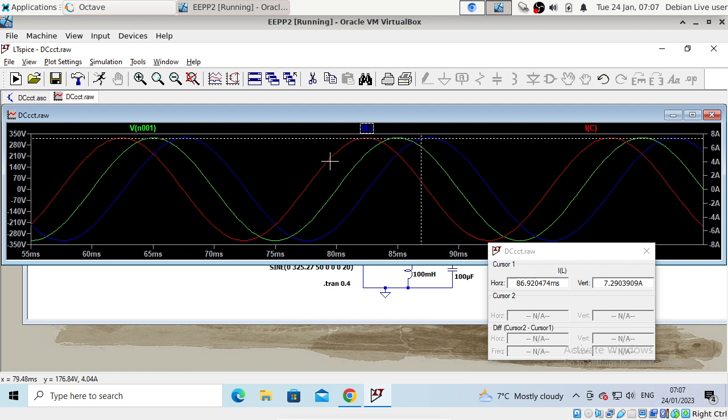So in a way, you can think of the current in the capacitor causing the voltage to build up on the plates. So the current has to come first, really, and that's why the capacitor current is happening here before the supply voltage actually reaches its maximum. The capacitor current has already peaked.